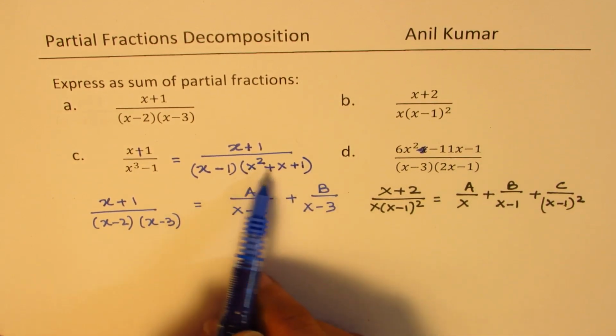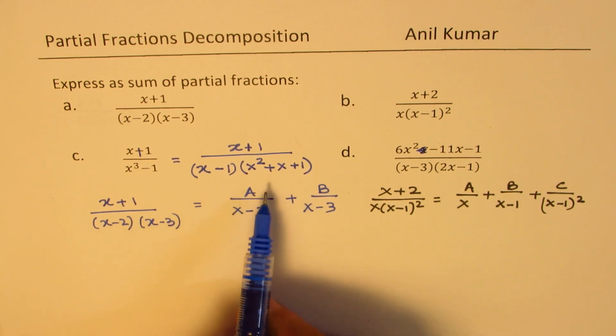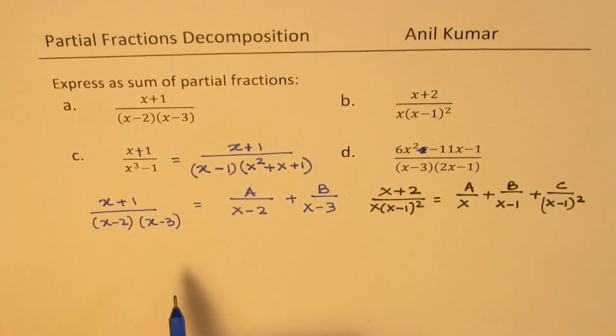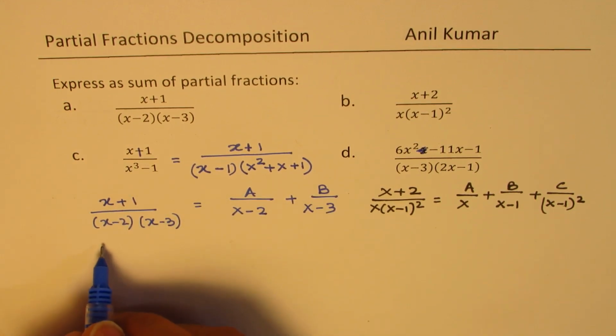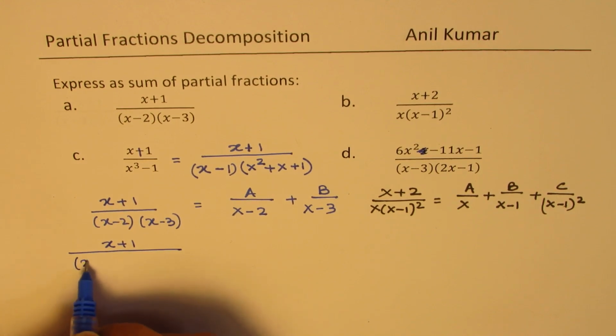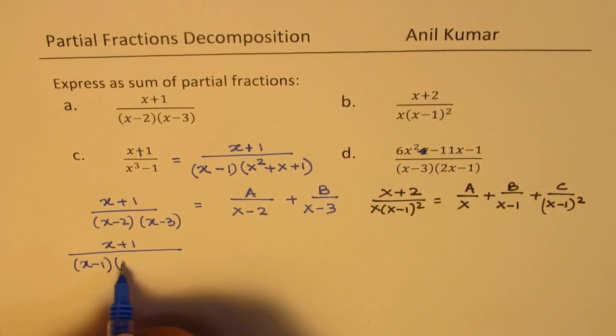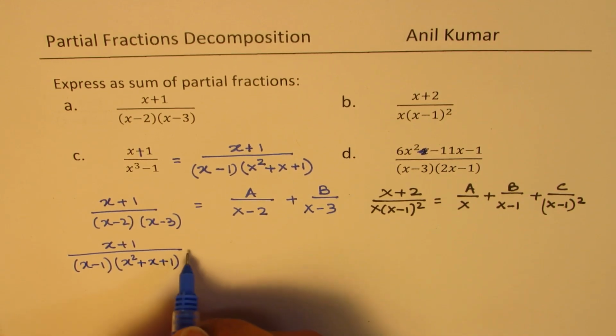Now this part, x square plus x plus 1, cannot be factored, right? So how will you write this as a partial fraction? Well, the technique is like this. So I changed this question. So we have here now (x plus 1) over (x minus 1) times (x square plus x plus 1), right?